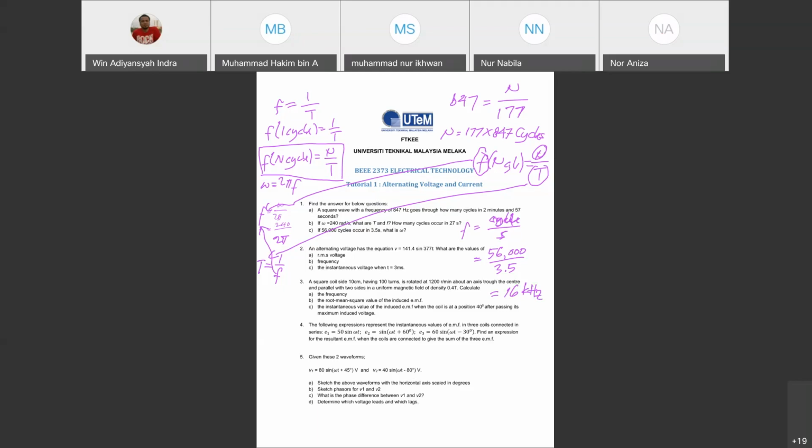So to get omega equals 2 pi f, so 2 pi times 16k. So you get how many radian per second?